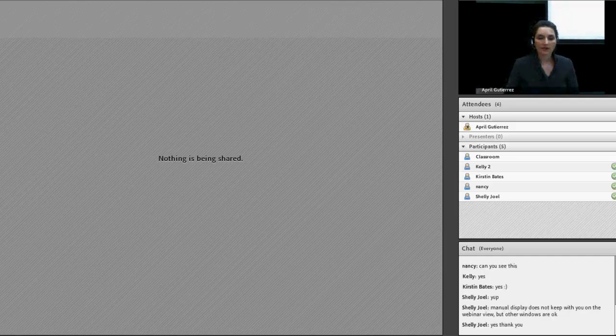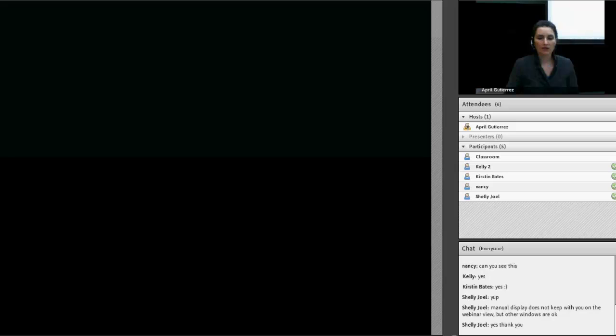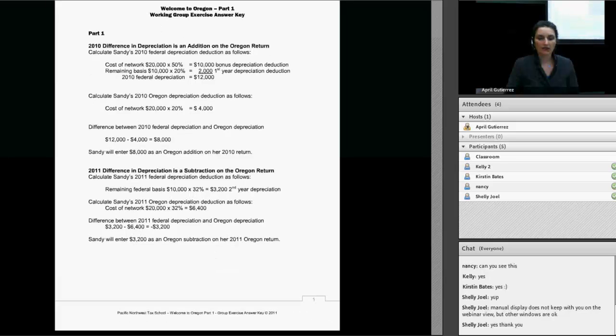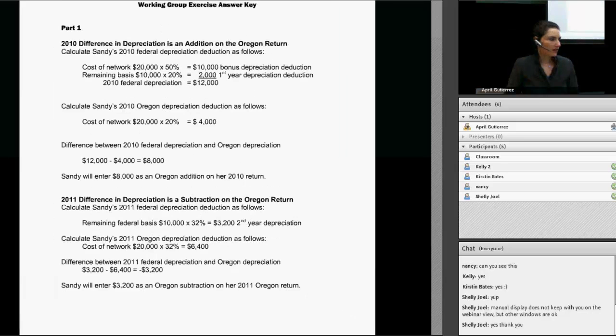So I'm going to pull up the answer key for part 1. Because that's going to be your starting point for part 2. So this is the part 1 answer key. And what I'd like you to do is, you'll see here we had the 2011 depreciation calculation. If we dispose of the asset in 2011, we're going to have to divide the depreciation calculation for the federal and the depreciation calculation for Oregon in 2.